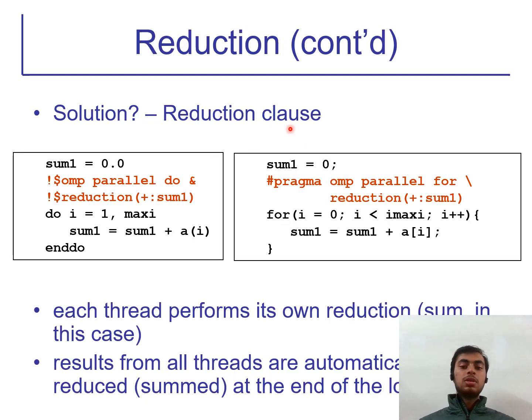Solution: reduction clause. We can use the reduction clause to overcome this situation. We can use the reduction clause like this, as you can see in the slide. Each thread performs its own reduction. Sum, in this case; results from all threads are automatically reduced, summed, at the end of the loop.